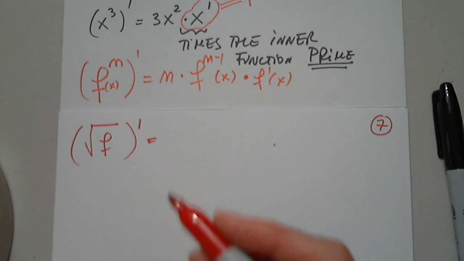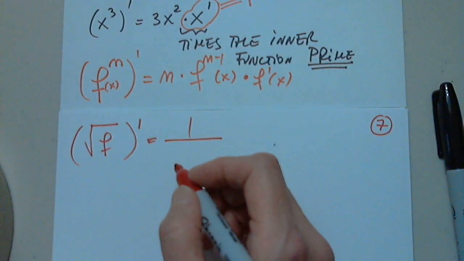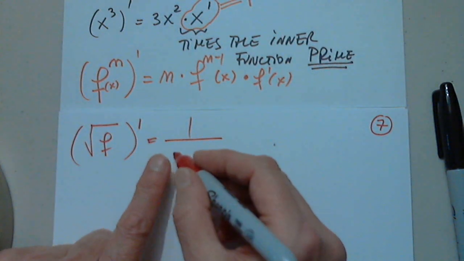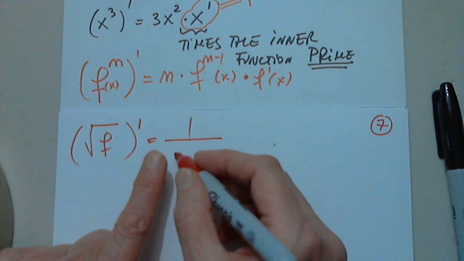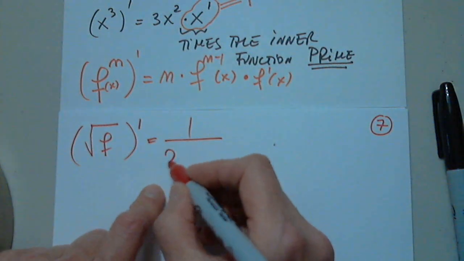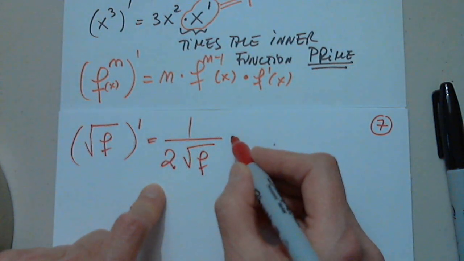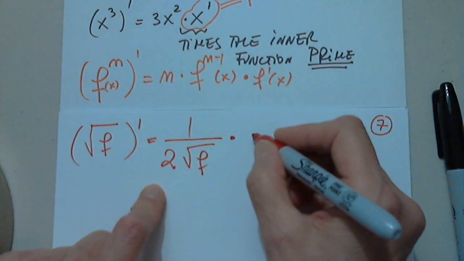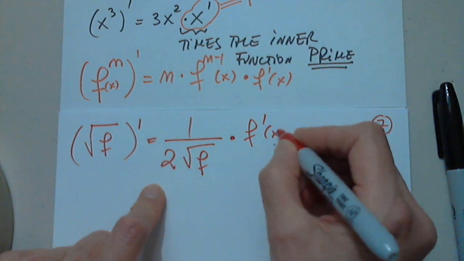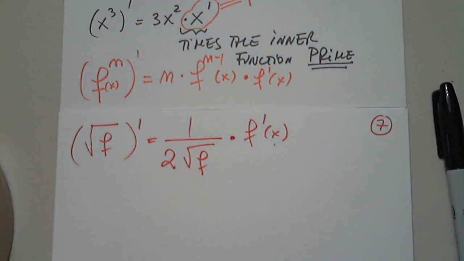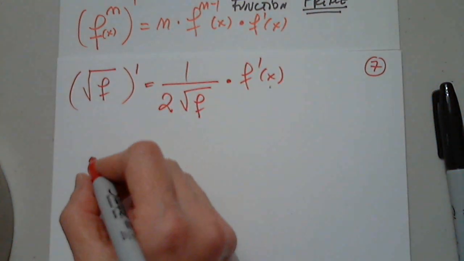Is it 1 over the square root of f? 2, yes, the square root of f times F prime. Yes, times the inner function prime. Awesome. Great job.